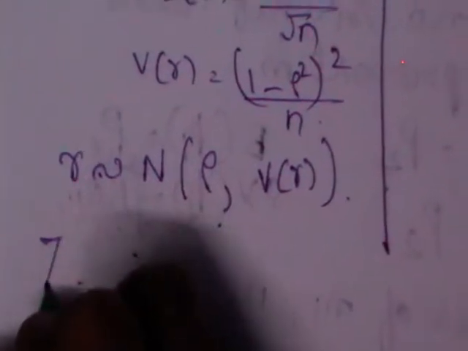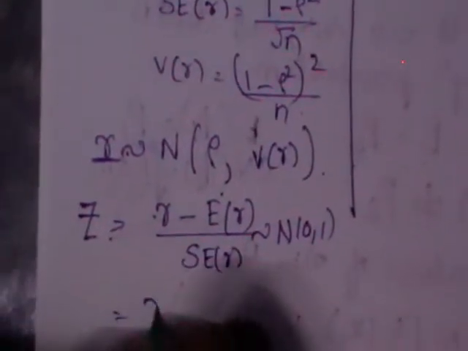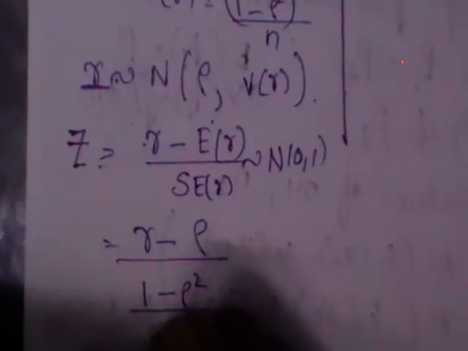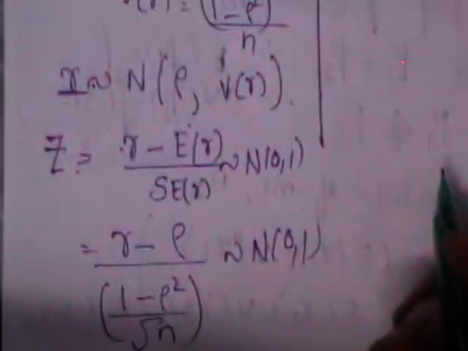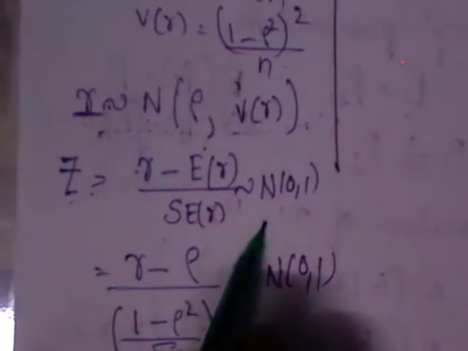So I can define Z, the standard normal variate, as (r minus expectation of r) by SE of r, which follows N(0,1). That is, (r minus rho) by ((1 minus rho square) by root n) follows N(0,1). Means when r is less than 0.5, r directly follows a normal distribution with these parameters, so we can define the test statistic in the usual way: Z is equal to (r minus E of r) by SE of r, which follows N(0,1).